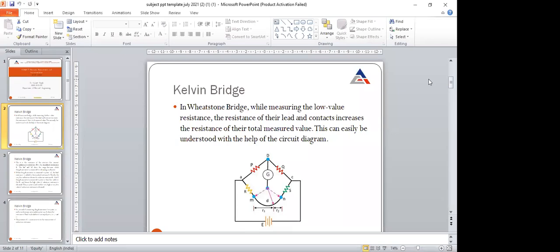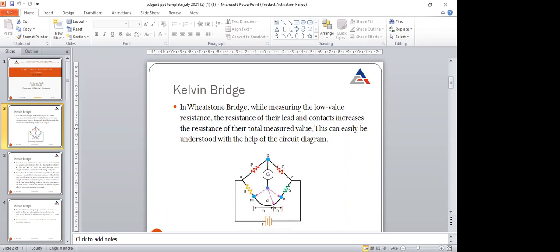Students, the Kelvin bridge is like the Wheatstone bridge. While measuring a low value resistance, the resistance of the leads and contacts increases the total measured value. So in the Wheatstone bridge there is one drawback: when we measure a low value resistance, the resistance of the leads used in the experiment increases the measured value.